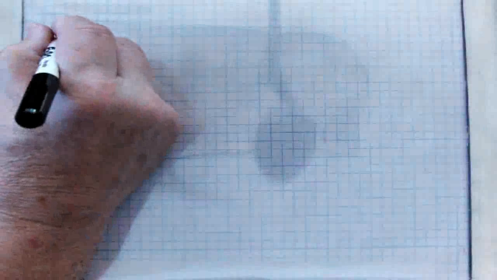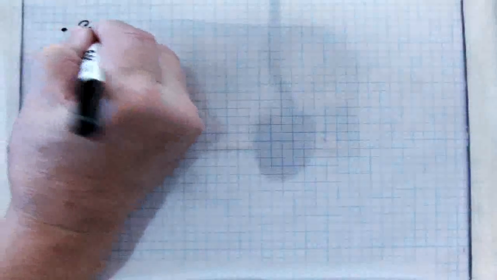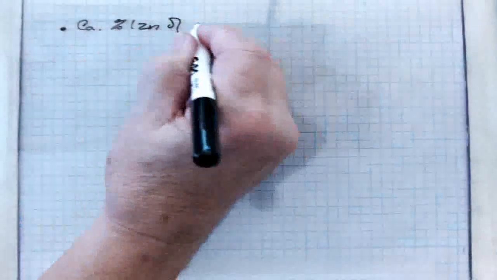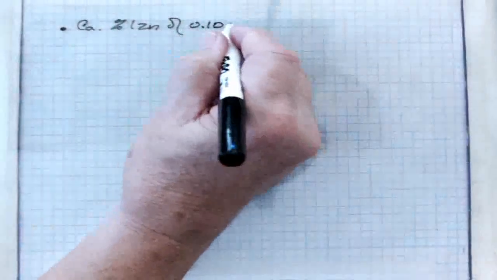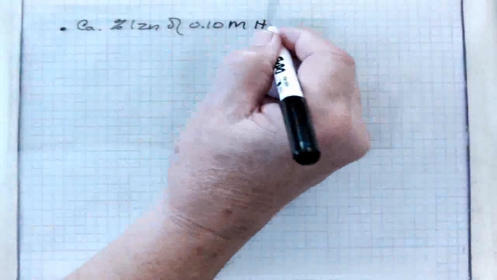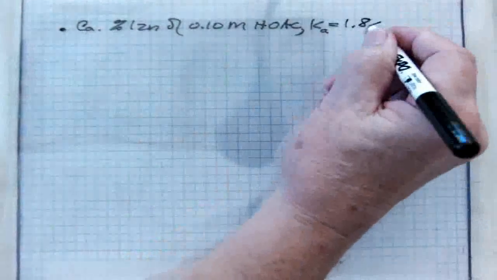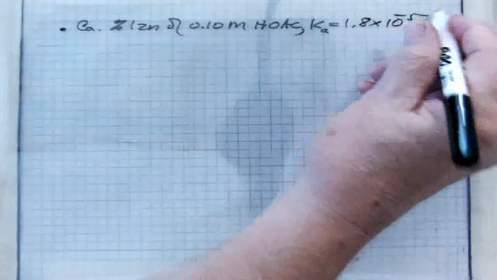And then calculate percent ionization of 0.10 molar acetic acid with 0.01 molar, we can call it sodium acetate.